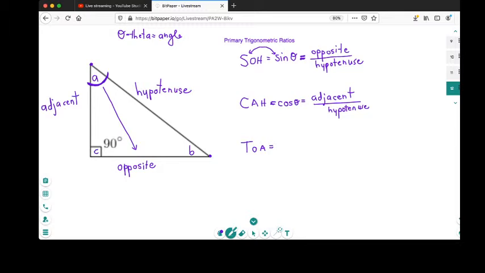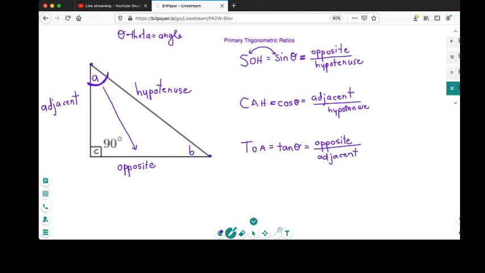And then TOA represents tan of theta. So again, the tan of the angle is equal to, oh sorry, my bad, opposite over adjacent.